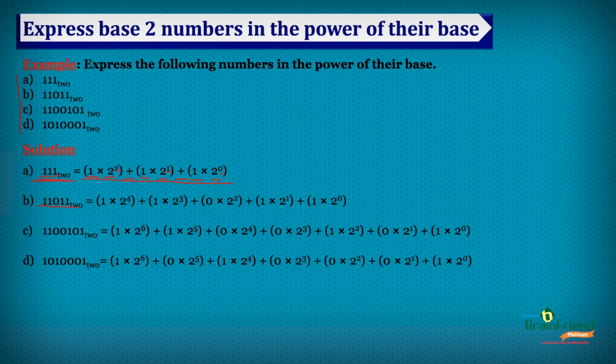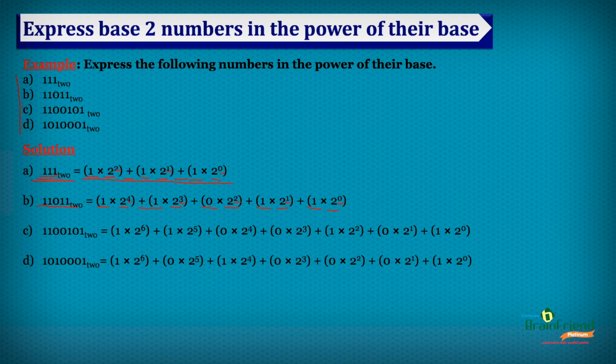Now, the second example, 11011 base 2. So we go ahead, 1 multiplied by 2 plus 1 multiplied by 2 plus 0 multiplied by 2 plus 1 multiplied by 2, and lastly 1 multiplied by 2. From behind, we give powers to the base. So we have 0, 1, 2, 3, and 4.